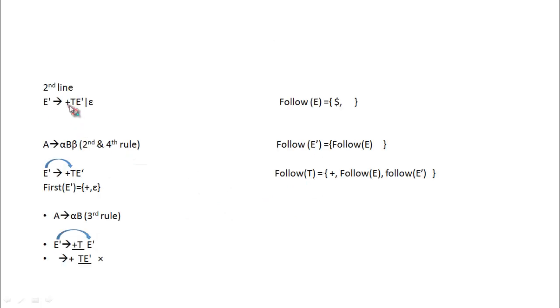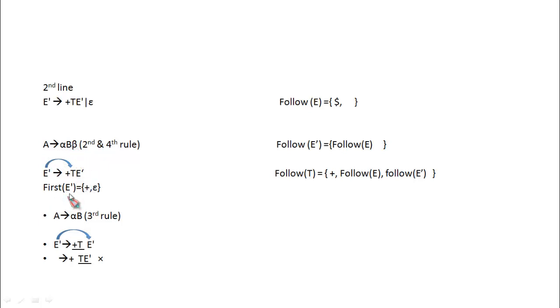Second line, E prime implies plus T E prime or epsilon. Epsilon is not considered for the follow function because a single terminal symbol is invalid for the follow function. So here, plus T E prime, we follow this combination. So E prime is A, alpha is plus, B is T, and beta is E prime.